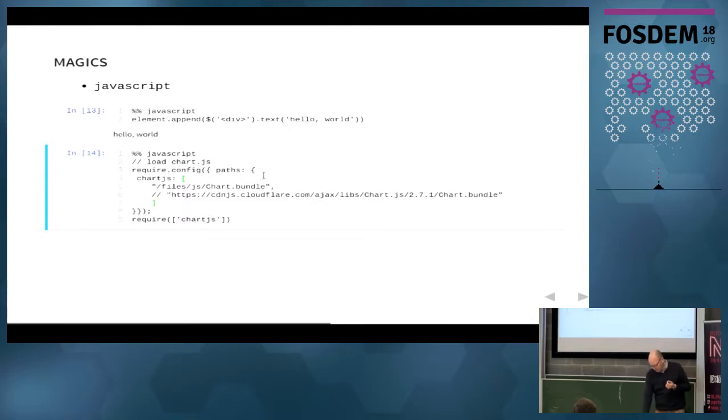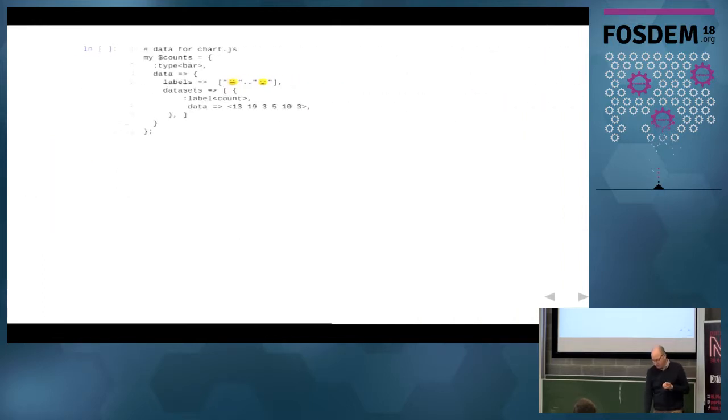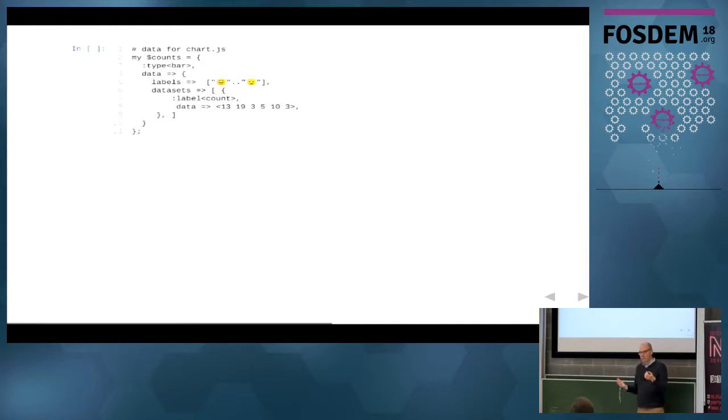And so what can you do with a JavaScript graphing library? Well, let's make a data structure in Perl 6 and send it to the JavaScript graphing library. OK, so here's a little data structure that I'm making in Perl 6. This is just a nested hash. We've got a type called bar, saying we're making a bar graph.